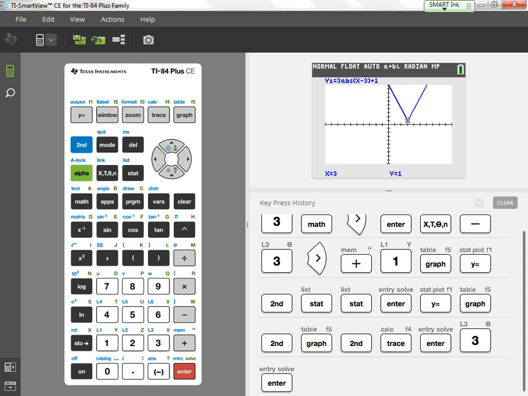Math over enter, x minus 3. There you go. So did y'all get that the value of y is 1? Yes? So we can use this to find values.